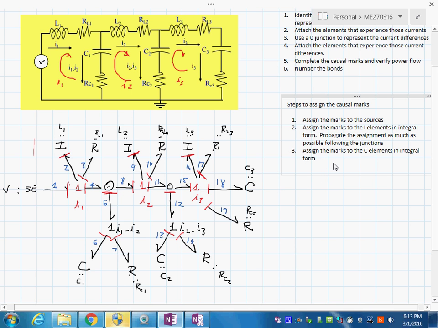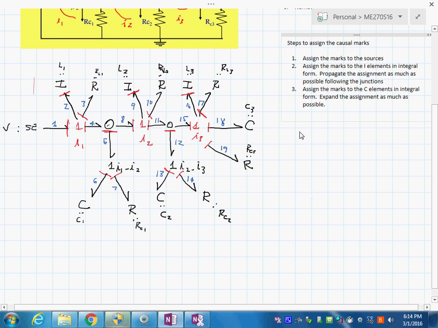And we're going to go to step number 1. I would say step number 1 would be, because it's a block diagram, I'm going to say draw two lines for each bond representing the effort and the flow on each bond.